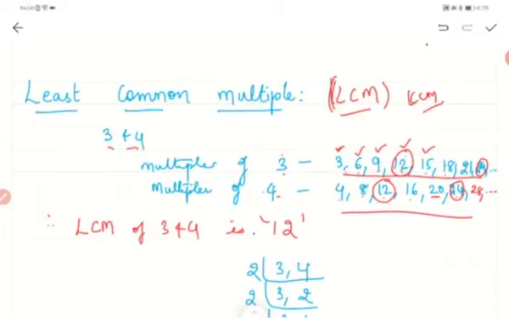24 is there, and if you write further numbers, you will get more common multiples. You want to know which is the next common multiple of 4 and 3 after 24. After 24, the next multiple of 3 is 27, then 30, and then 33, and so on.